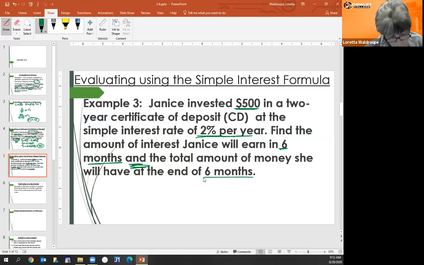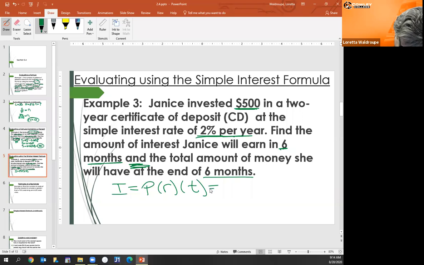Well, first we've got to determine how much interest she earns. And they don't give us that formula, but interest is principal times rate times time. Okay?